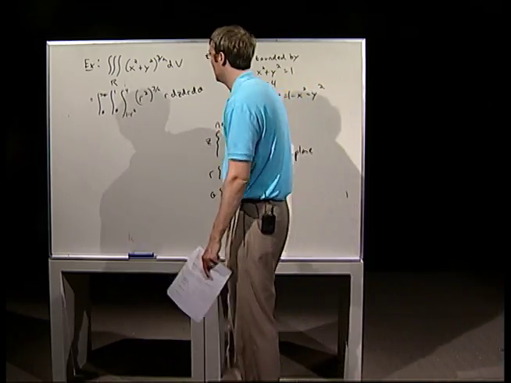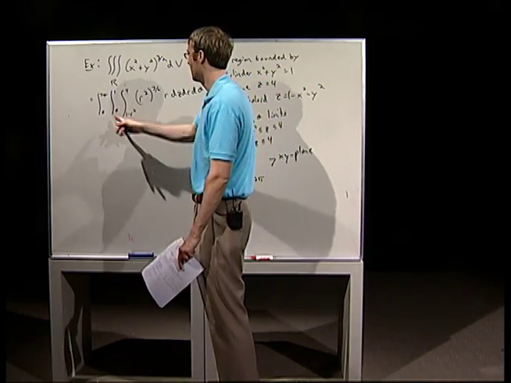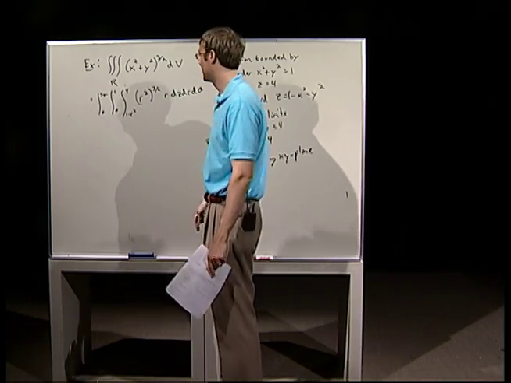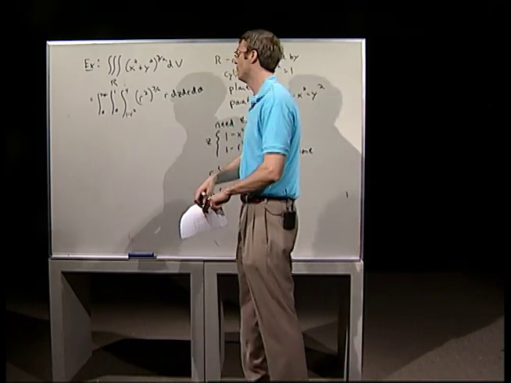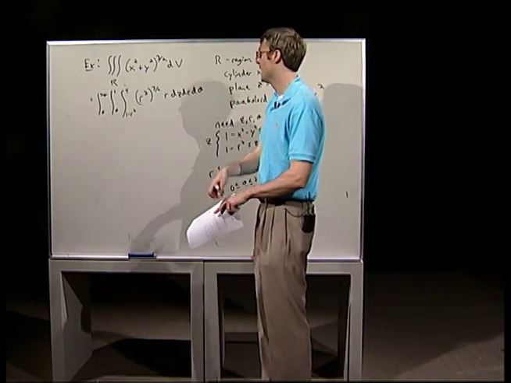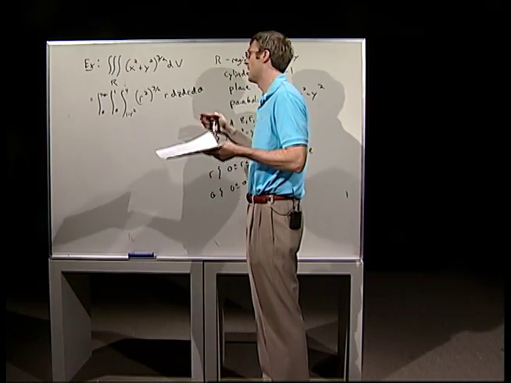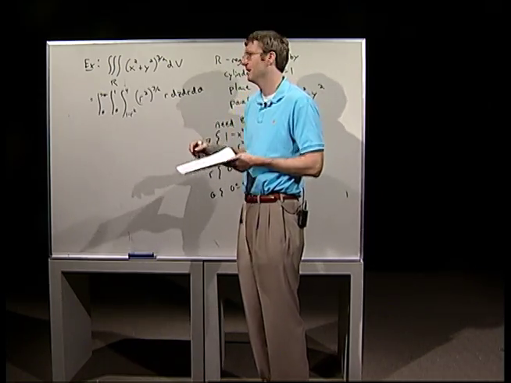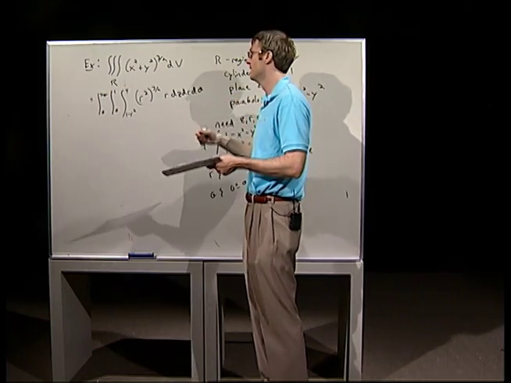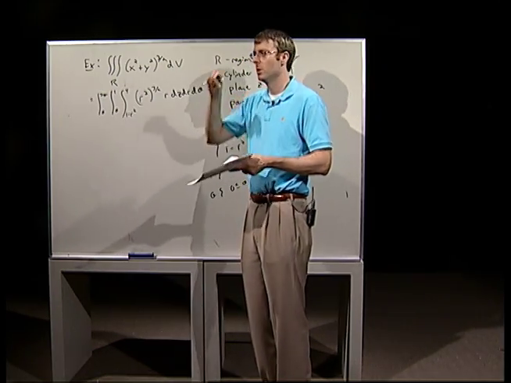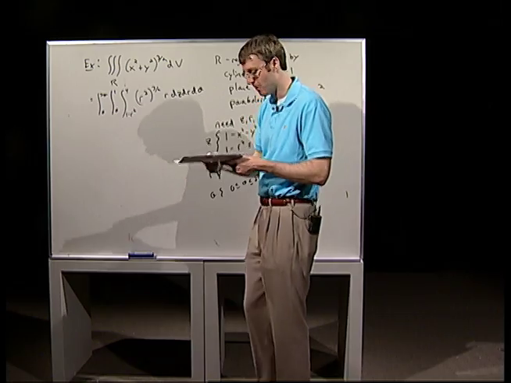Switching r and theta doesn't matter. They're both constant limits. You can't put z past r, though. In other words, once you've dealt with r, if you still have z hanging around, you're going to end up with r's in your answer. That doesn't work. Z has to be covered first, because it involves the other variables. We always get rid of variable by variable as we do this process.